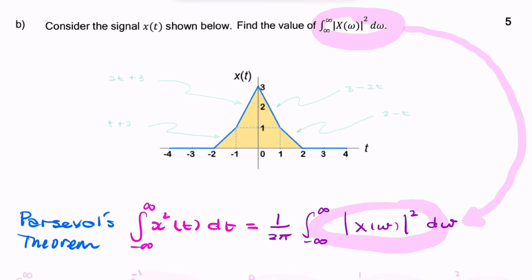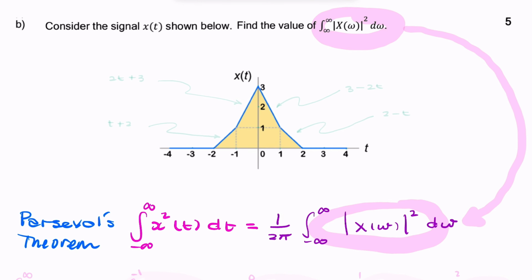So rather than calculating the Fourier transform and then integrating that, we can simply find the integral of x squared of t and then multiply that by 2 pi, because x of t is given in the question. We have the graph of x of t, so we can simply find x squared and integrate it. That's the plan.